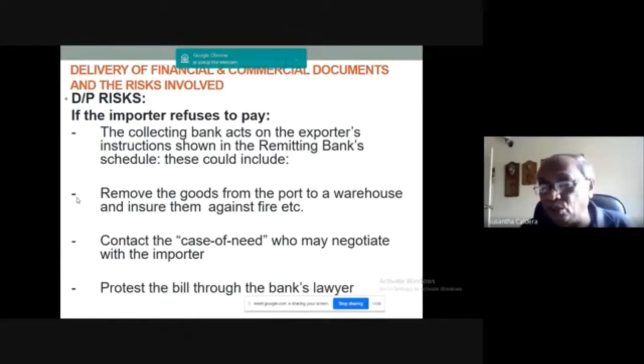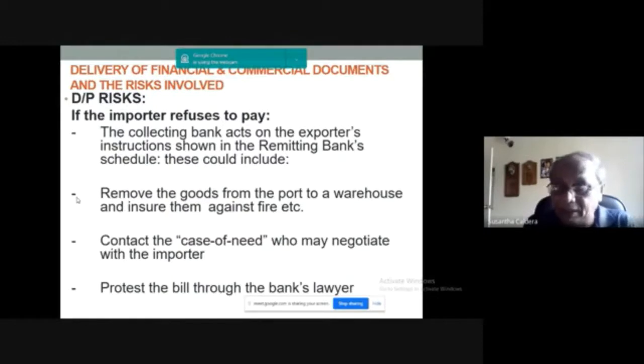when we receive the documents, it is customary for us to send an acknowledgement. When we are sending the acknowledgement, we make it a point to mention that we will not undertake to remove the goods from the port to a warehouse and insure them against fire, etc. We will not undertake. Right?